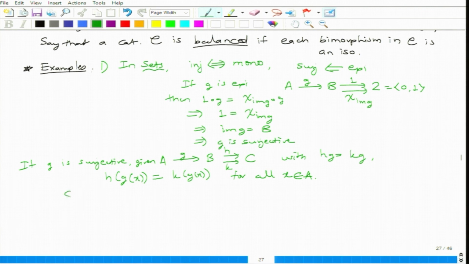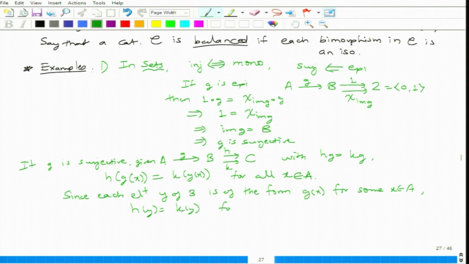Since each element Y of B is of the form G of X for some X, what did we conclude? H of Y is equal to K of Y for all Y in B, and therefore H is equal to K. This is the definition of equality of two functions.